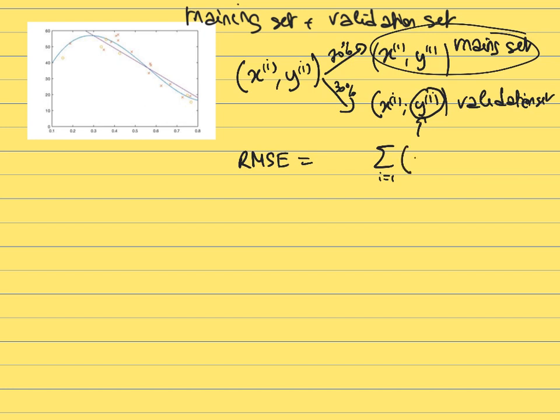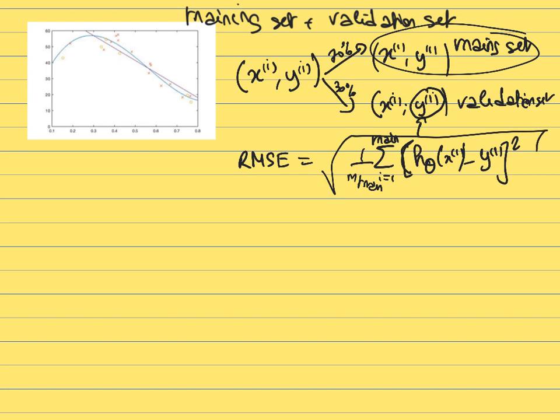You compare the prediction of the model with the true value used to train the model, but you do this sum only on the values of the training set. You divide by the number of points in the training set and take the square root. This gives you the error of the model in interpolating the training set, so it tells you how well the model can interpolate the training set.